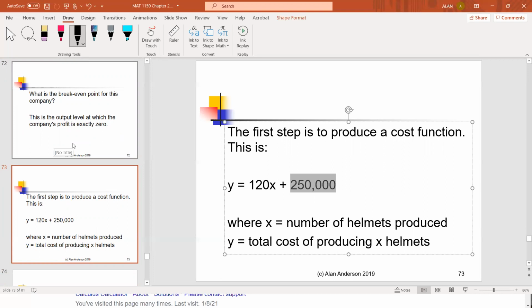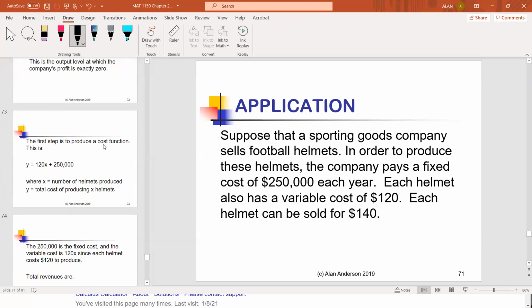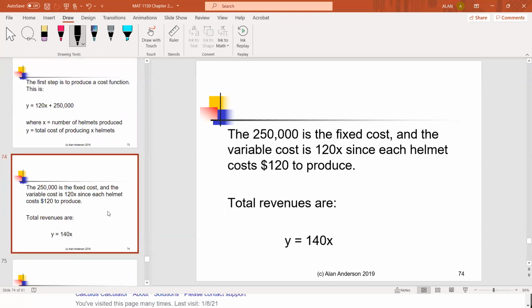All we know is that each helmet that we sell brings in $140. So what kind of function will we use to represent revenues? I know. How about y equals 140x? You don't have any constants because you get exactly $140 per helmet and that's it.